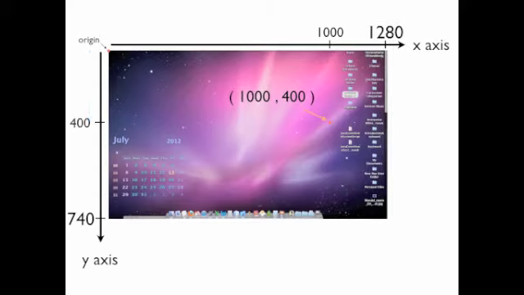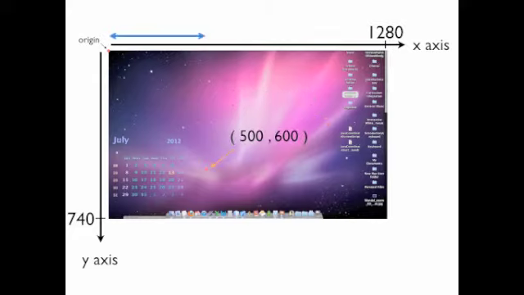And that would be 400 pixels down from the origin. Let's take a look at this pixel. This pixel is located at x equals 500 and y equals 600.